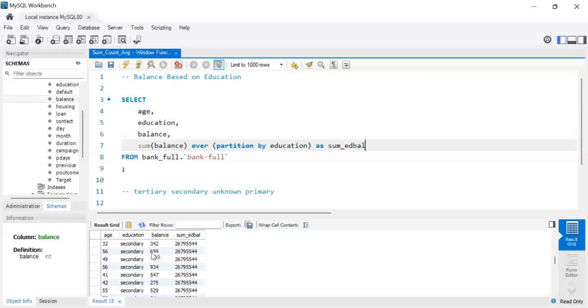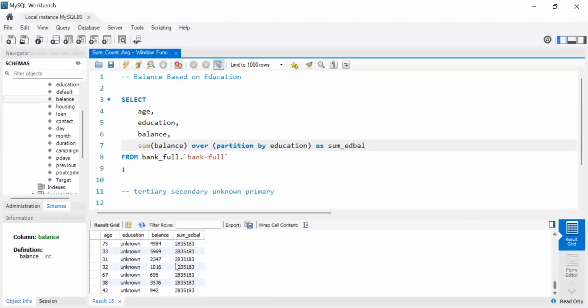His or her balance is 659 out of a total balance of 26.7 million for everyone who has the education level secondary. So as you can see, we're maintaining the original number of rows, but we're able to see the aggregated sum of everyone under the education level secondary, and under the education level primary.